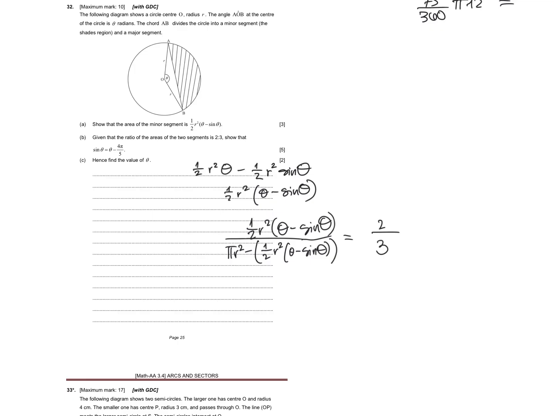Okay, so if we multiply, 3/2 r squared theta minus sine theta equals 2 pi r squared minus 2 times that, which is just r squared, theta minus sine theta. The r squareds will go away. And we have 3 over 2. I'm just going to distribute it.